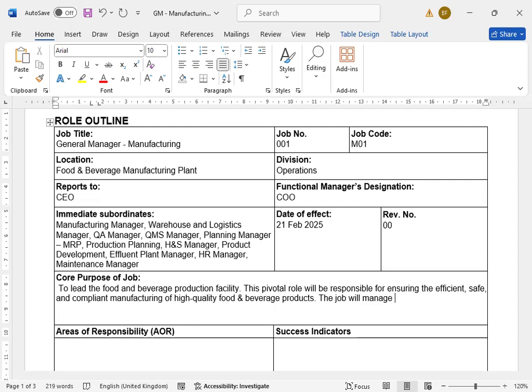So the job will manage day to day. He should always be in the plant, so that he is able to do the management of the day-to-day operations of the plant. So, day-to-day operations, then I would say optimize.